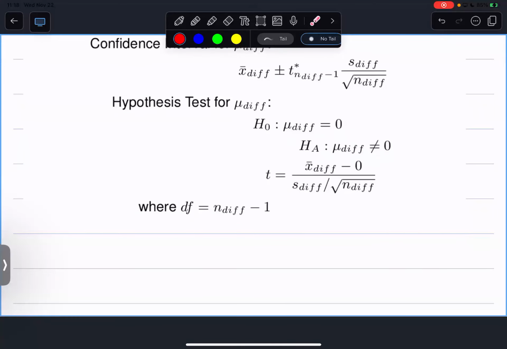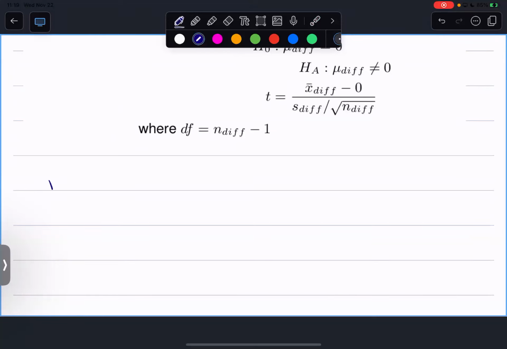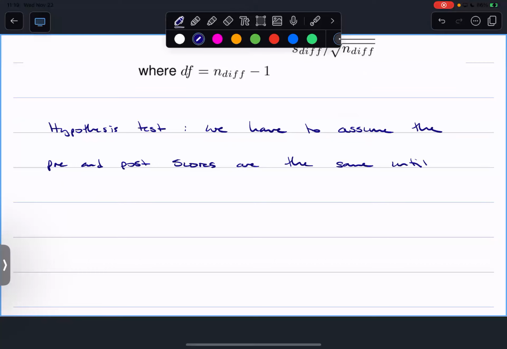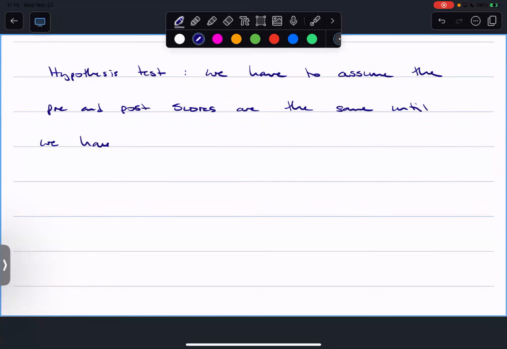In terms of a hypothesis test, we have to assume that the pre and the post scores are the same until we have proof otherwise, right? We're analyzing the differences.